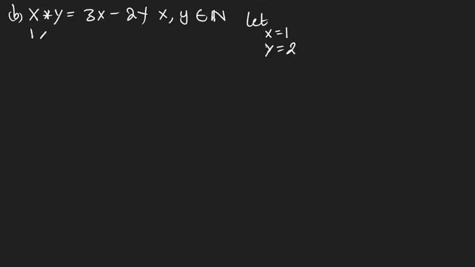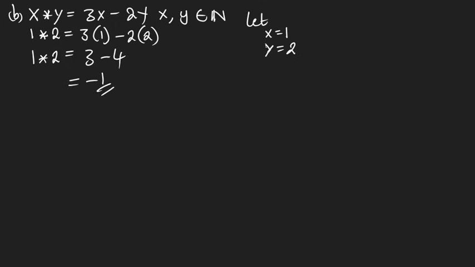This is going to be 1 star 2 is equal to 3, then we put a 1 there, then we put a 2 there. Then 1 star 2 is going to be 3 minus 4, then we're going to get negative 1. Negative 1 is not a natural number.